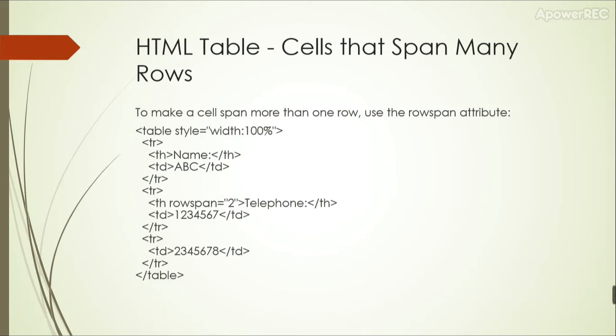Next one like a table heading. Here we will use rowspan 2. Then contact number, heading close, then contact number comes here, table row close, table row start, then table data start. I will show it practically.